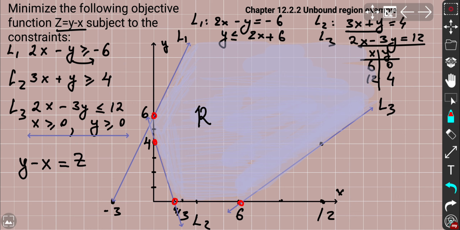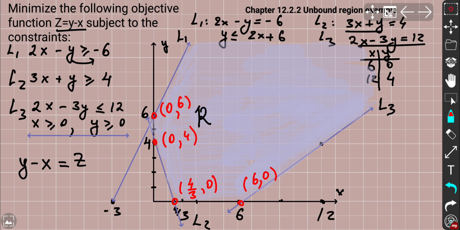There are 4 of them, and I want to put the coordinates for each one. That's (0, 6), this is (0, 4), that one is (4 over 3, 0), and the last one is (6, 0).